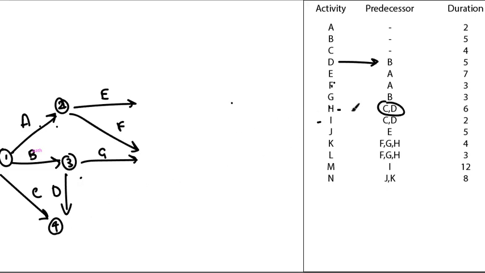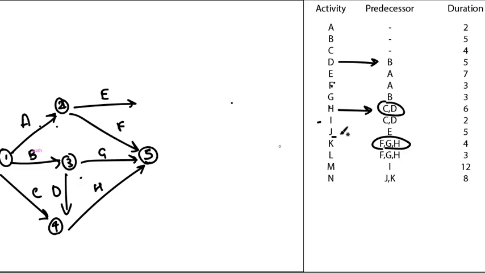H is coming from C and D, and F, G, H are meeting at a node. Okay, this will be node 5. Then we have J is coming from E, so this will be node 6.